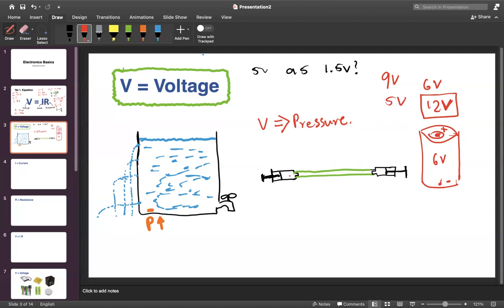I'm not going to draw the water, but there is a small red-colored particle, like a button or a small red bead. Now you are pushing this syringe from this side.